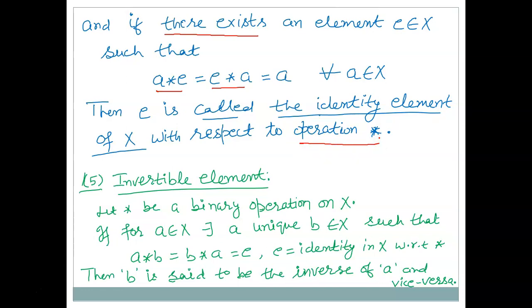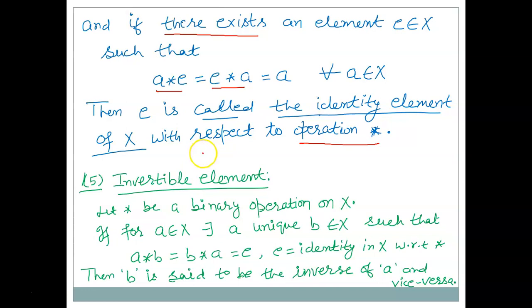So in a set, if some binary operation is defined, then we can have an identity element with respect to that operation, but it is not necessary.